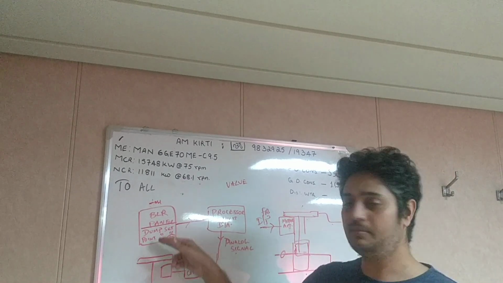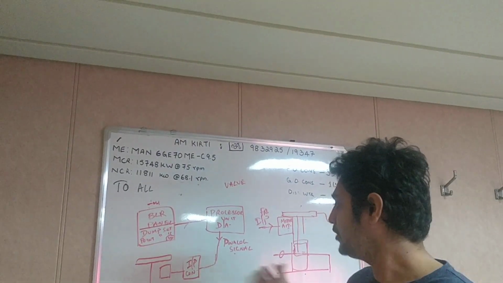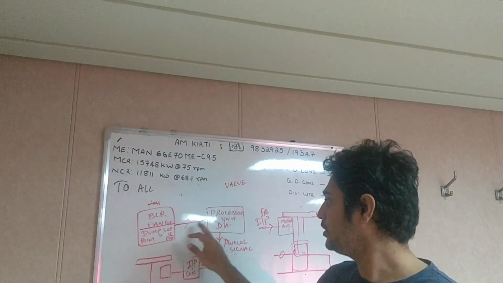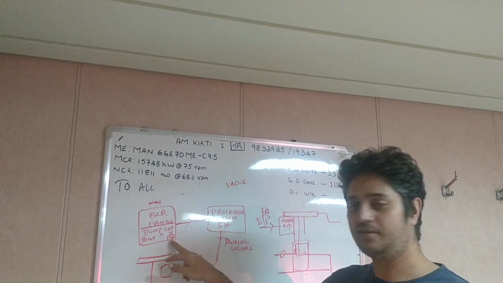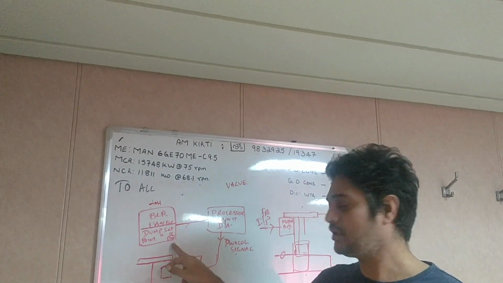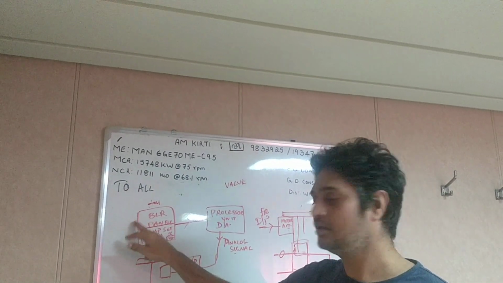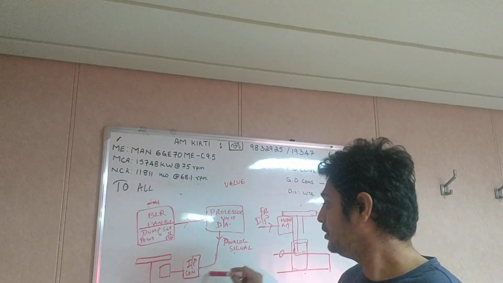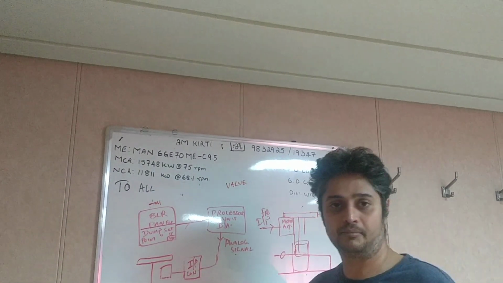As per the feedback coming, the same circuit again gives the command, because you have already set a value and I am getting a certain value as feedback. Accordingly I will give the pneumatic pressure for the valve to operate.